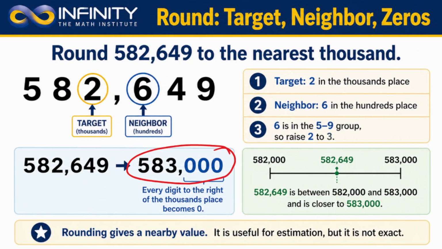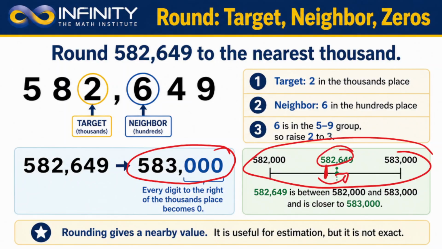All right, and you'll see over here, it's because here's 582,500, which is right in the middle. This number is a little bit to the right of the middle, so we're going to round up to 583,000, if that makes sense.